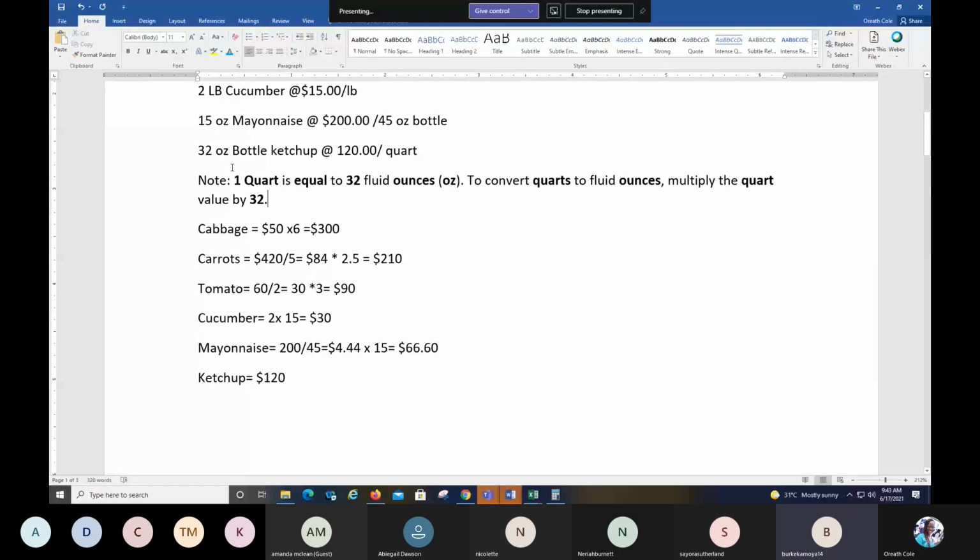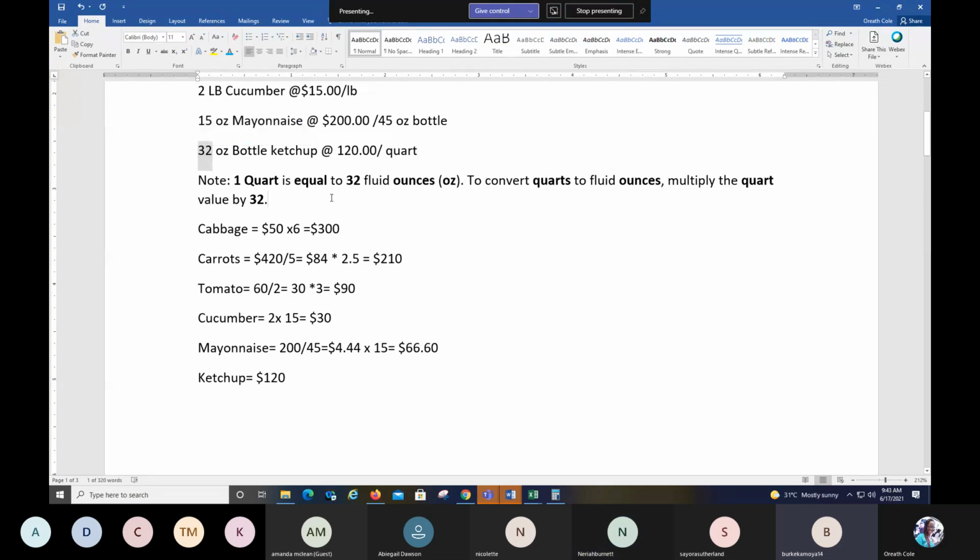So we have nothing to calculate here, because the same amount that is in the bottle is the same amount that we need. If it was saying 52 ounces, it would have been different.